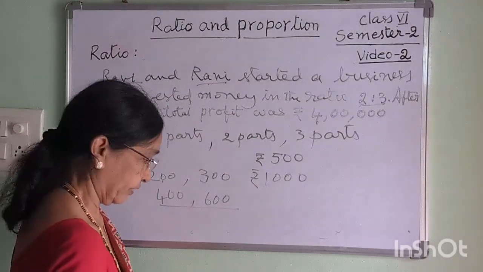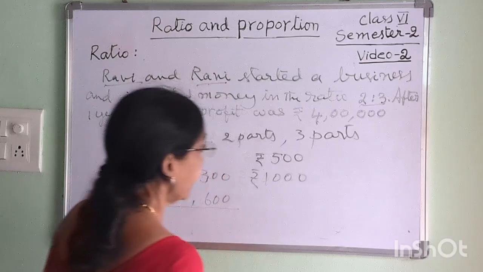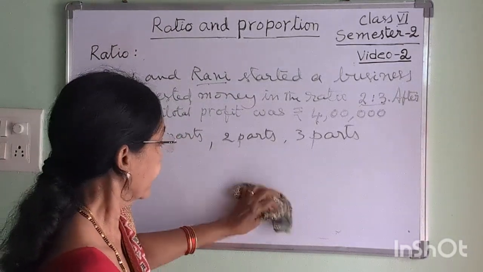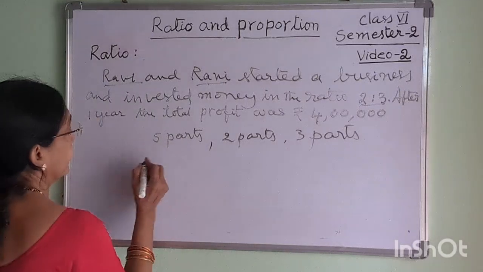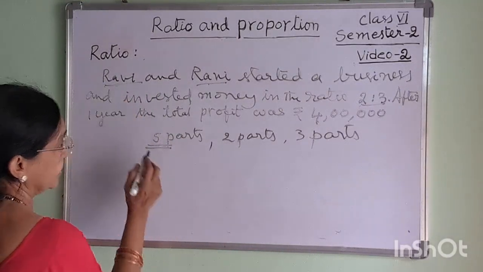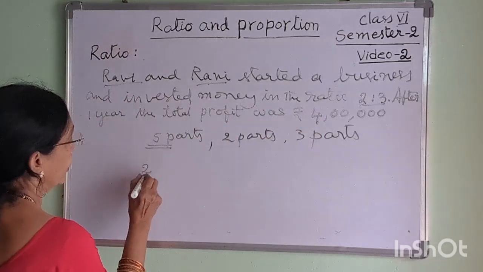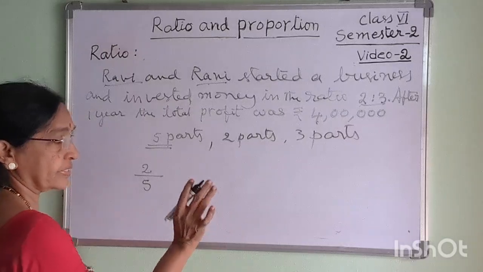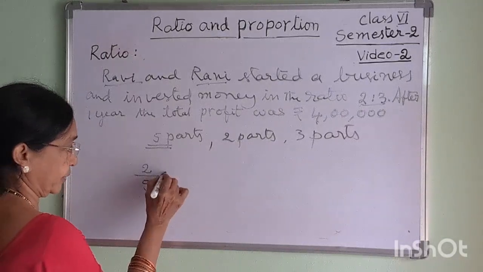Therefore, if the profit is 4 lakhs, the total parts are 5 and Ravi's share is 2 parts. So 2 parts out of 5 parts. Therefore, the profit is shared in this ratio.